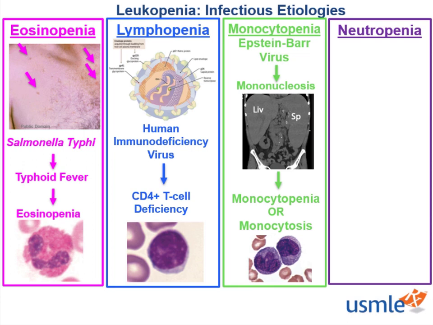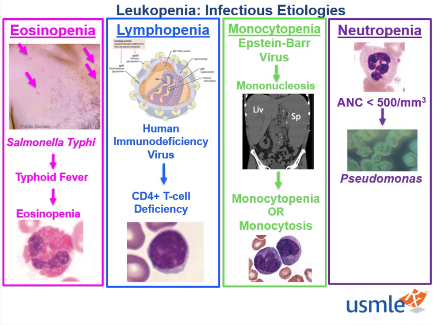Rather than discussing a cause of neutropenia, let me explain a high-yield association, especially when a neutropenic patient has an absolute neutrophil count, ANC, less than 500 per cubic millimeter of blood. Neutrophils are key in fighting bacterial infections, especially those caused by Pseudomonas, which produces pyocyanin, a blue-green pigment.